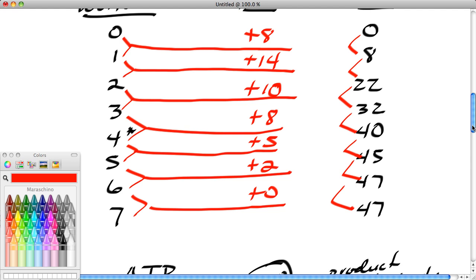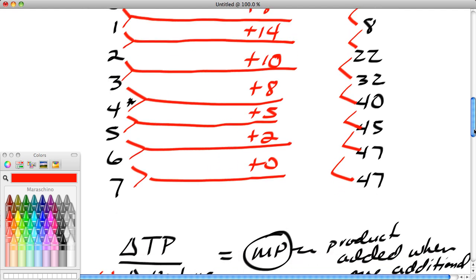We're not saying that the seventh worker is untrained. What we're saying is 7 workers can't produce anything more than 6 workers, all workers working equally hard. We've hit some sort of maximum here. The maximum output that this firm can get from 16 machines in the short run is 47.